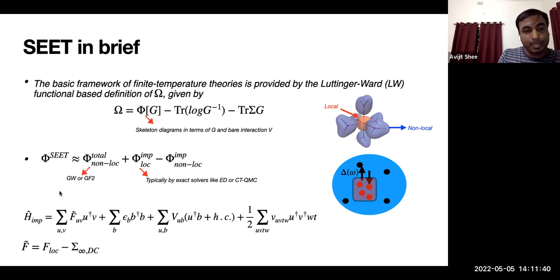What self-energy embedding theory does is that it divides the system into two parts. One is a local part, and there is this blue non-local part. The non-local part is considered weakly correlated, and the local part is strongly correlated.